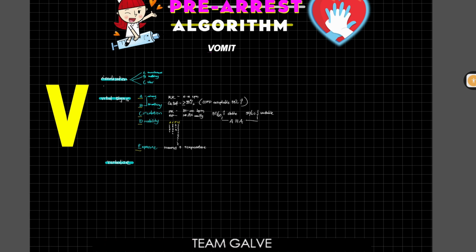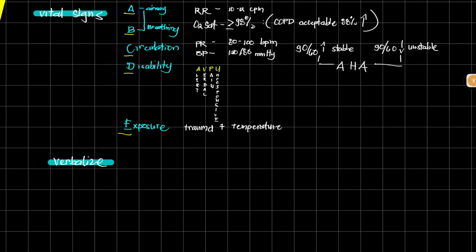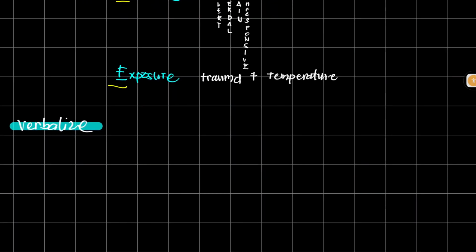So let this be your guide in making sure that you're not missing out any pertinent information regarding your nursing assessment. Pre-arrest, this is all about history taking while administering early intervention to your patient, because again, you don't wanna move towards the arrest phase of the cardiac arrest algorithm.